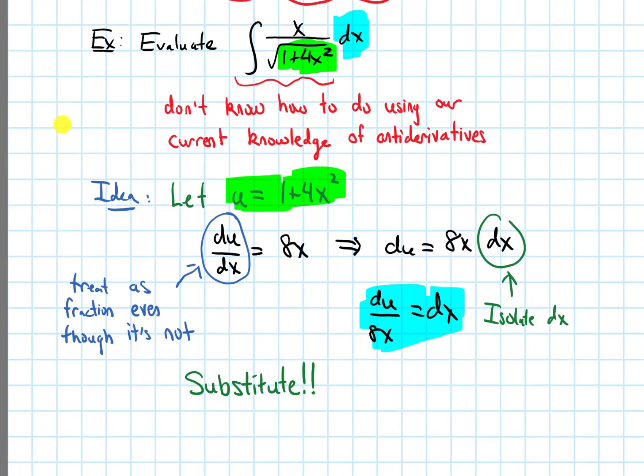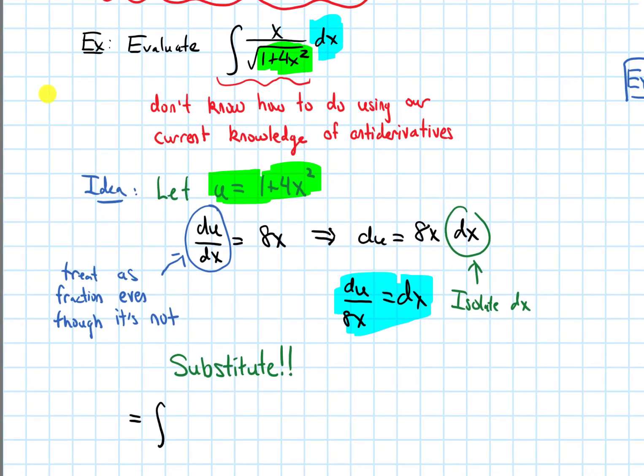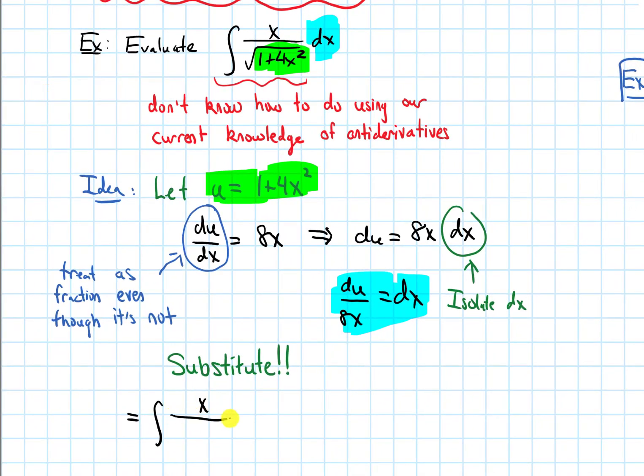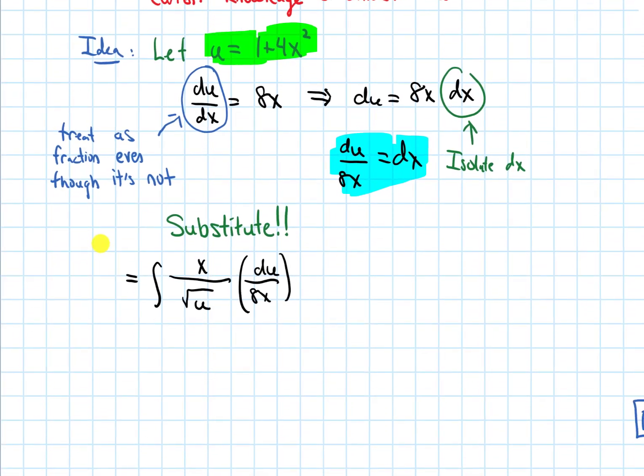Okay. So when we do that, we get our integral. Let me zoom out a little bit more. We have that x on the numerator. On the bottom, we'll get square root of u. And for the dx, we've seen that that is du over 8x. So now, something really nice happens. The x on top cancels with that x on the bottom.